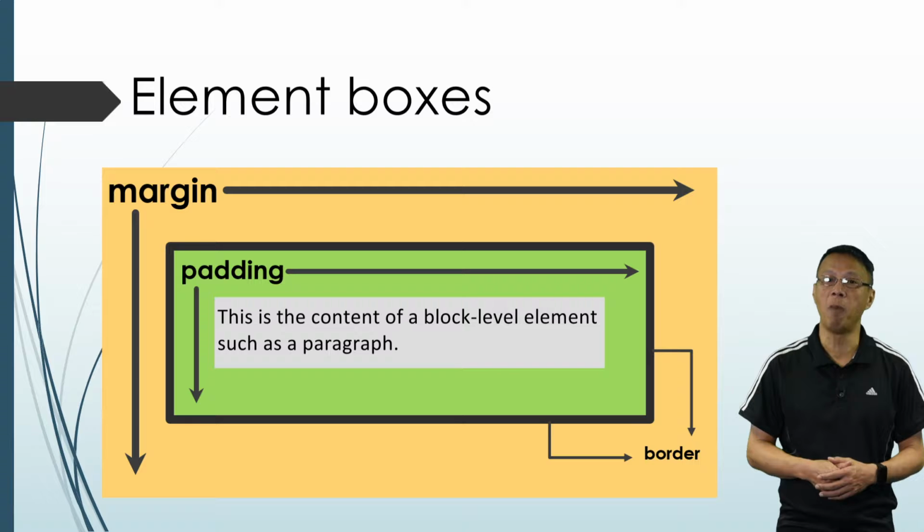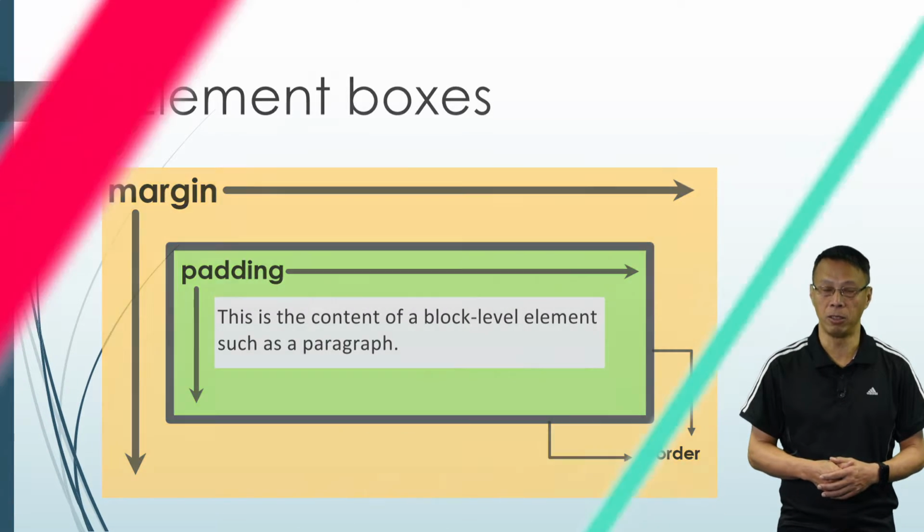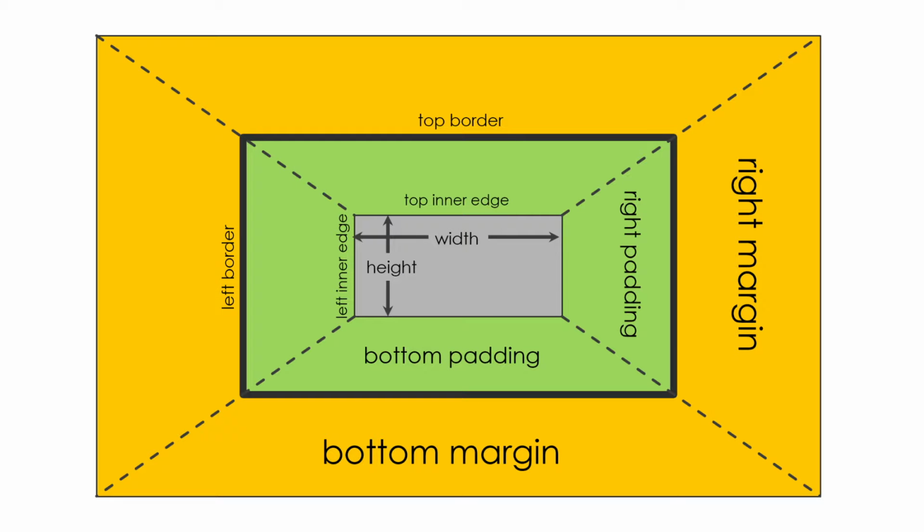And there are a number of properties when we look through the boxes. To look closer, we can zoom in to the details of what is in the box. There are some technical terms that we'd like to go through. We can see that there is a right margin and a bottom margin, highlighted in the yellow area.